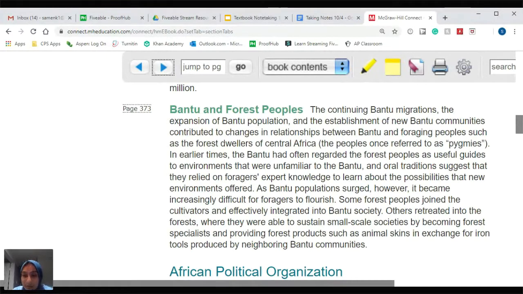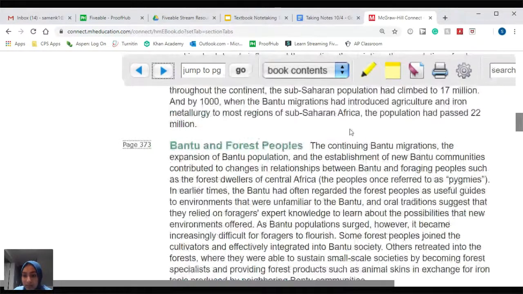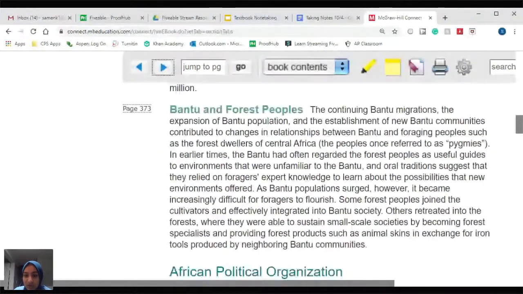So the continuing Bantu migrations, expansion, and the establishment of new Bantu communities contributed to changes in the relationship between Bantu and foraging people, such as the forest dwellers of Central Africa, once referred to as pygmies. In earlier times, the Bantu had often regarded the forest peoples as useful guides to environments that were unfamiliar to the Bantu.